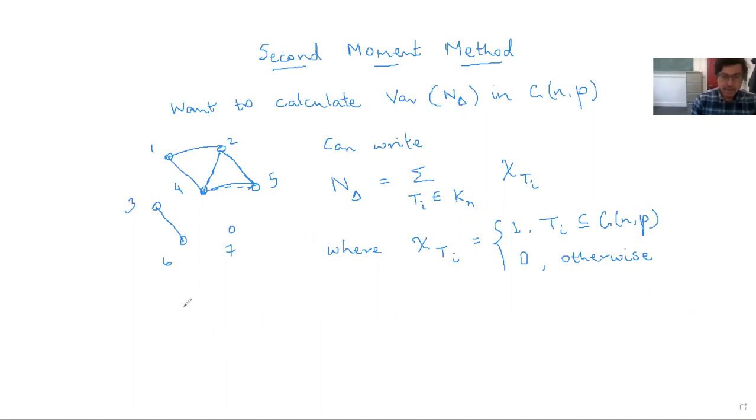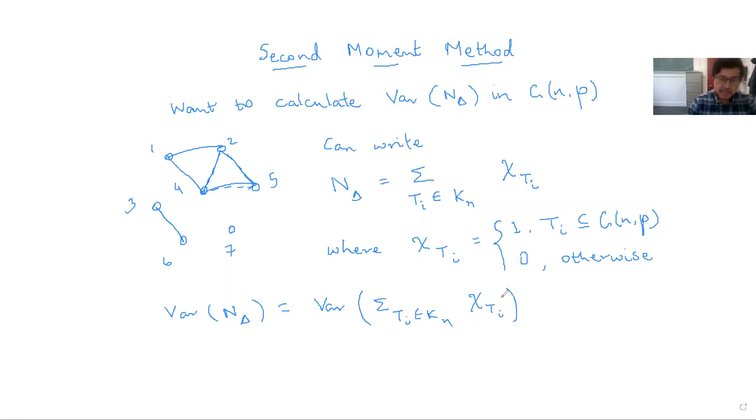And then we want to calculate the variance of the number of triangles. So that's the variance of this sum over all possible triangles of the indicator that that particular triangle is present in the random graph. Okay, and so what's this expression?